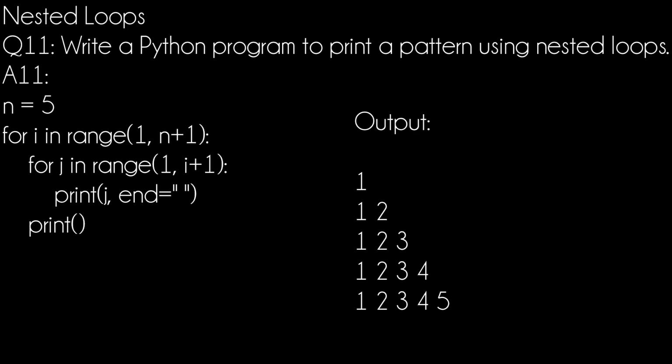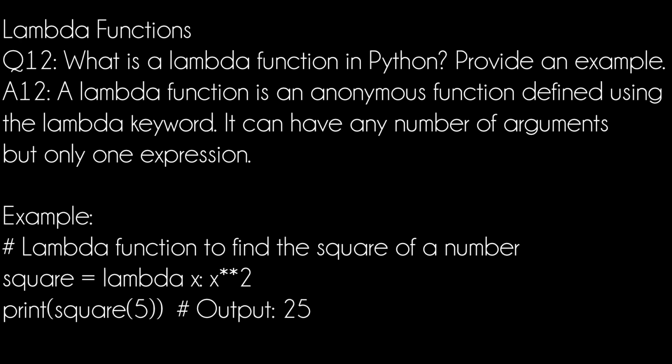Write a Python program to print a pattern using nested loops. Lambda functions. What is a lambda function in Python? Provide an example. A lambda function is an anonymous function defined using the lambda keyword. It can have any number of arguments but only one expression.